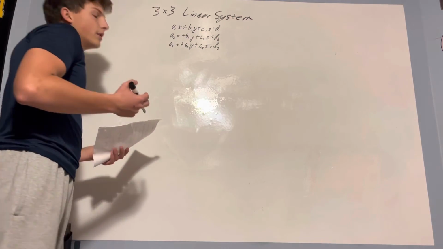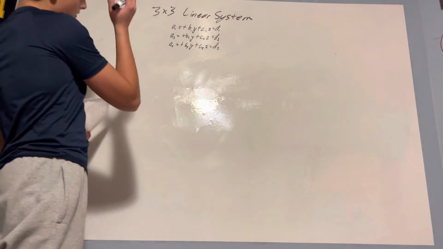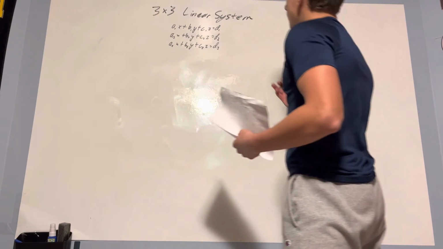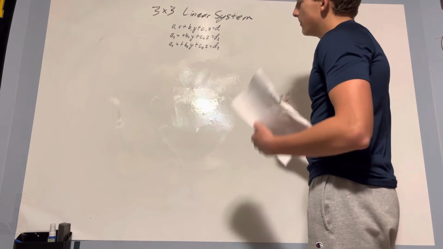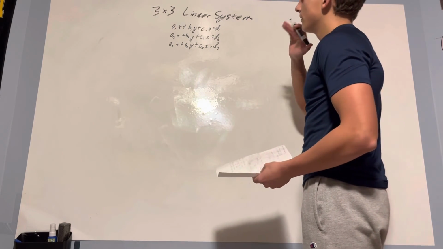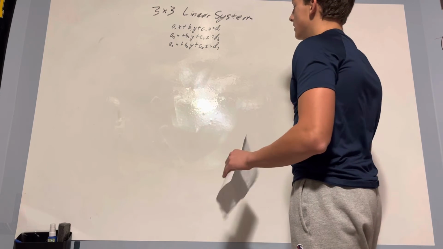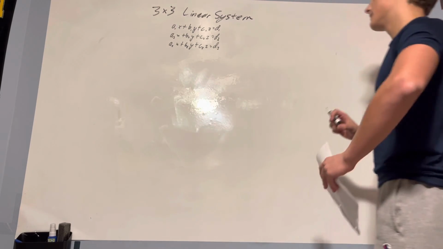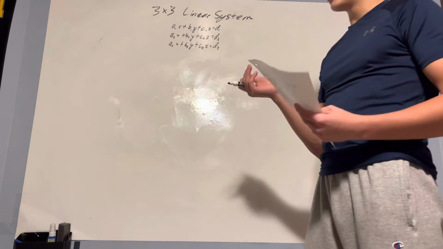So if we want to find in general what the solution to this is, there are many methods in linear algebra that can get this, but the one that we would want to use for this class is we would just want to take the inverse, because that's what we learned.